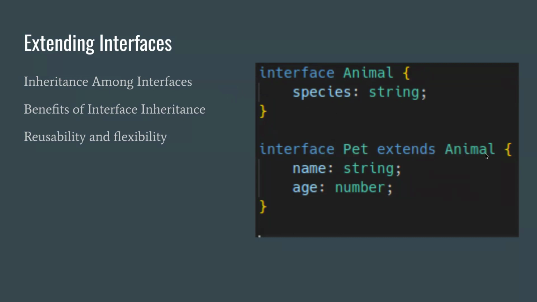Pet extends Animal. This means that Pet inherits the property from Animal, and adds its own. This is useful for building up complex types from simpler ones, thus promoting reusability and maintainability.